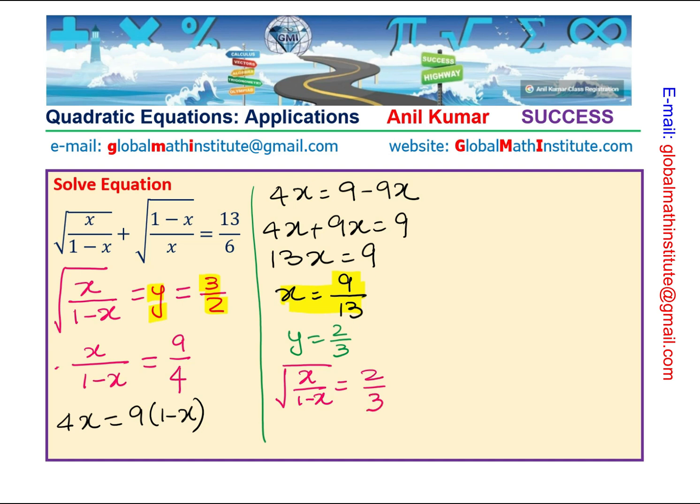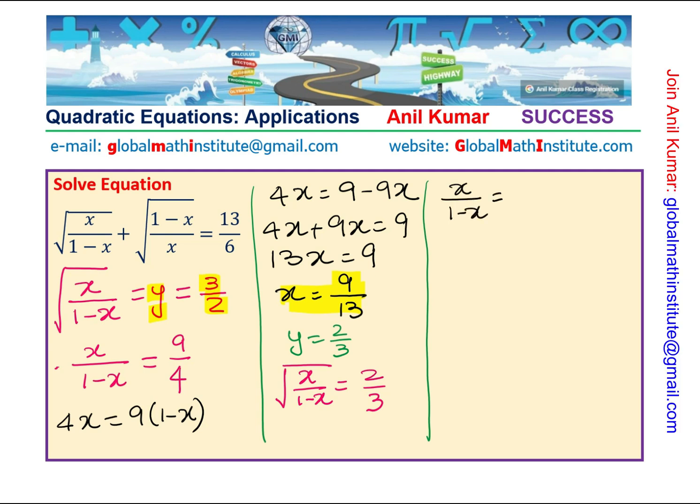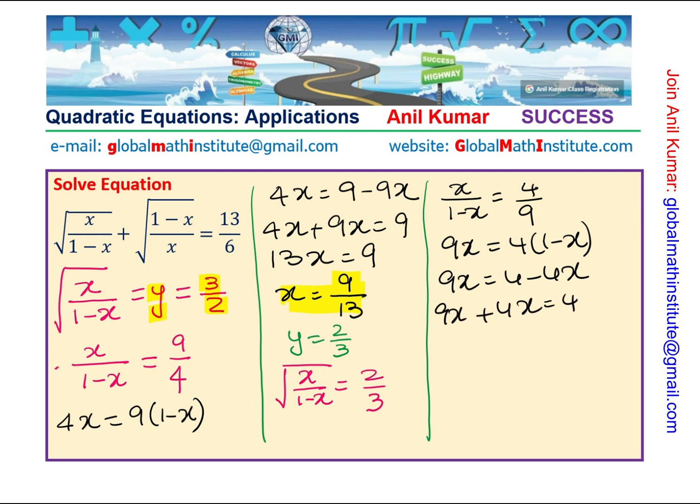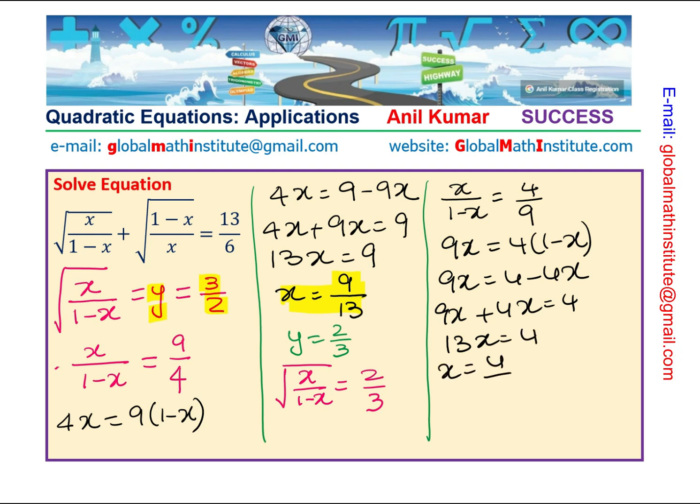Let's solve this equation just as we did the earlier one and find the other solution. Now, if I square both sides, I get x over 1 minus x equals 4 over 9. Cross multiply: 9x equals 4 times 1 minus x. 9x equals 4 minus 4x. 9x plus 4x equals 4. 13x equals 4. x equals 4 over 13.